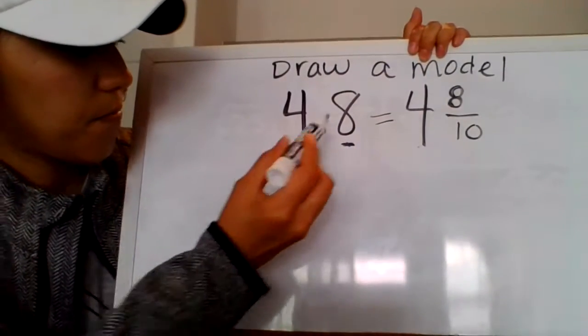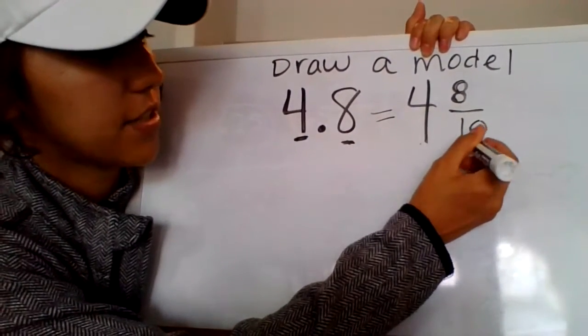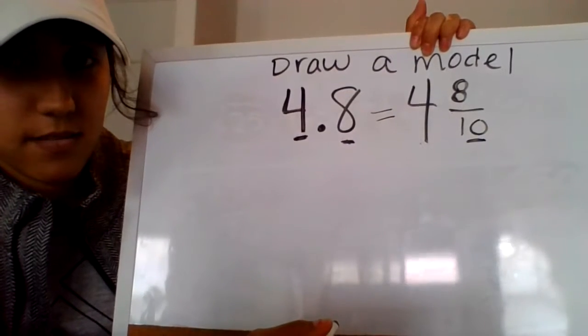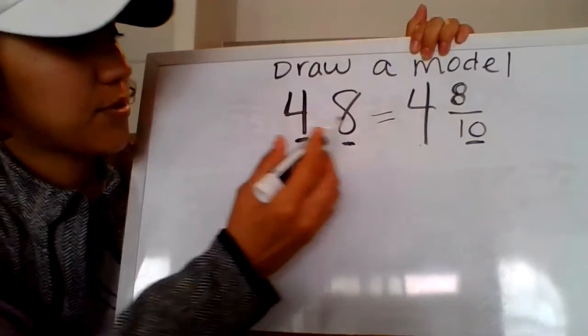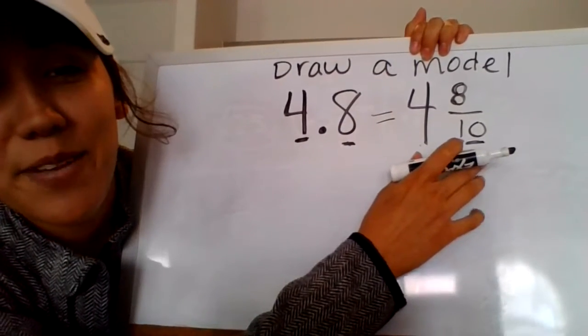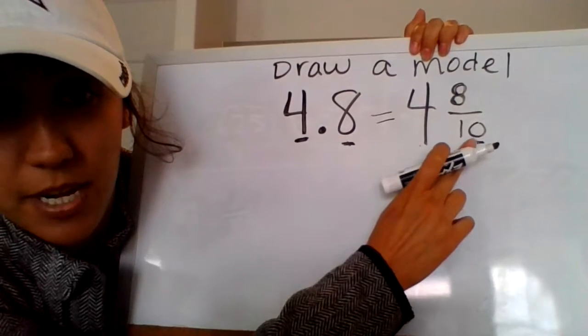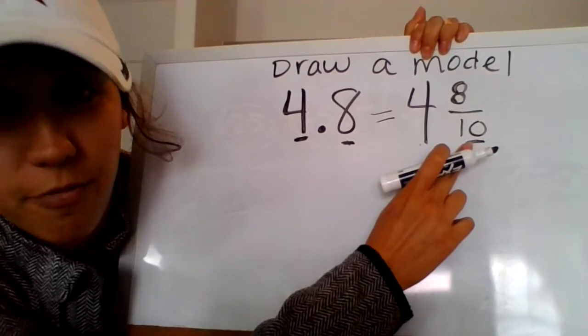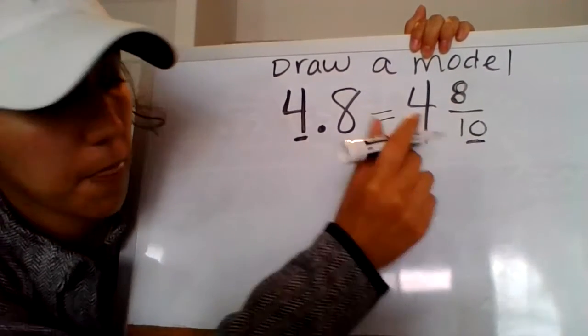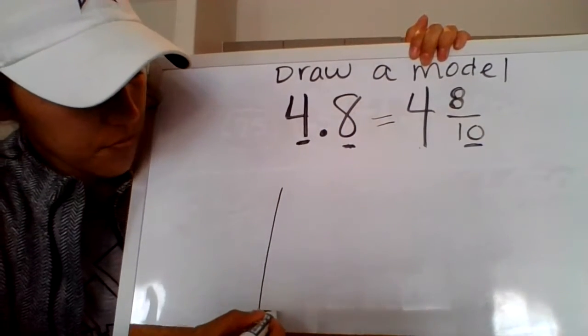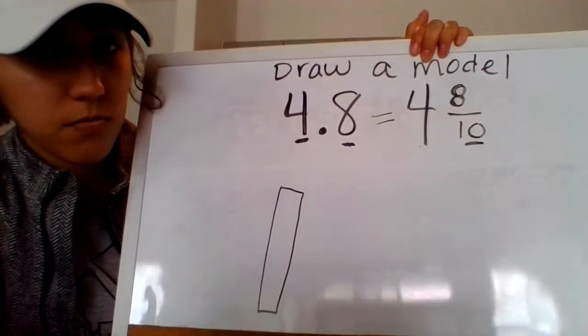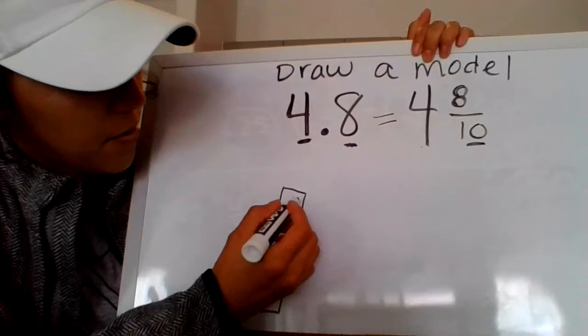So I know my denominator is 10. The denominator is your bottom number. That's the number of parts that are in a whole. So if I draw a rectangle, I'm going to make sure I have 10 parts in them.